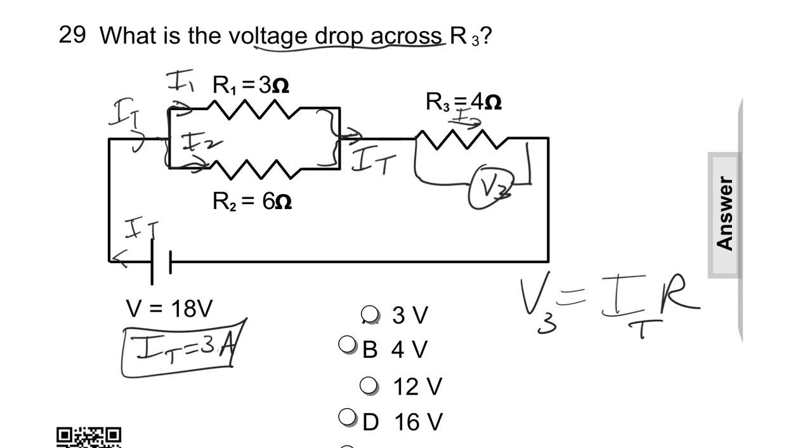This will be IT because when it came out of the two resistors in parallel, it went back to the original total current. So R3 is 4. So 4 times 3, so that'd be 12 volts.